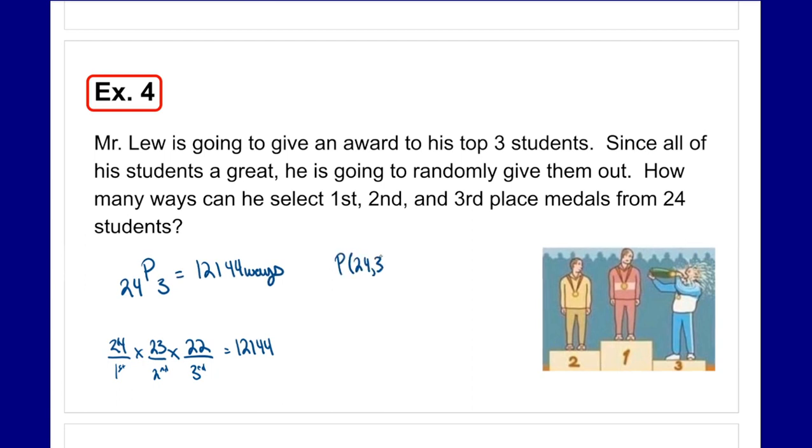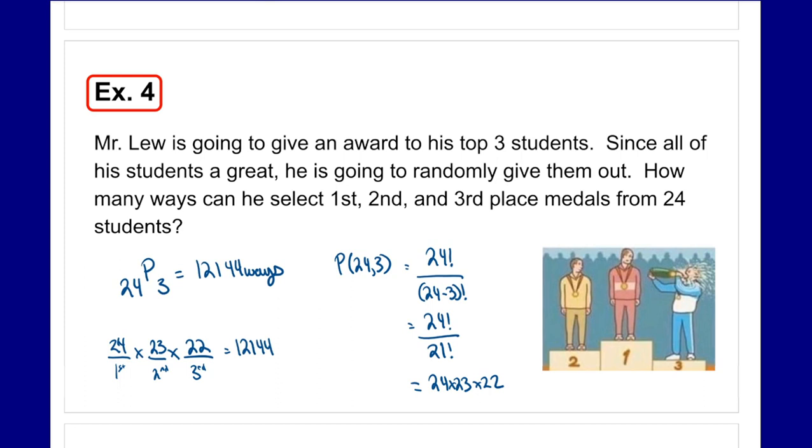The last way is if I have 24 and I'm picking 3 of them and I don't want to use the NPR for whatever reason: 24 factorial over 24 minus 3 factorial, 24 factorial over 21 factorial, which, as we saw previously, works out to 24 times 23 times 22, right?